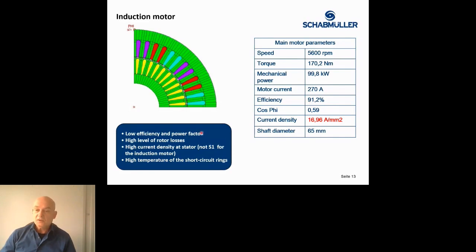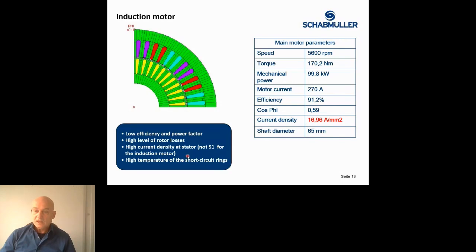So what we see is low efficiency and low power factor, running the motor at these conditions. There's a high level of rotor losses compared to the permanent magnet, whether it's ferrite or rare earth. We have a high current density at the stator compared to the original value we were looking at, which was around 12.